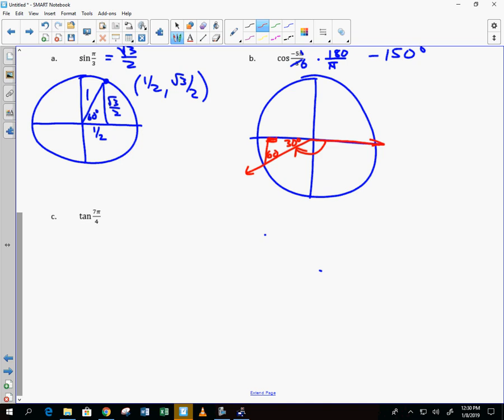Cool. What's that terminal point? Let's see, this is 1. The short side is a half. And the longer side is the root of 3 over 2. So therefore, the coordinate is negative root of 3 over 2, negative 1/2.